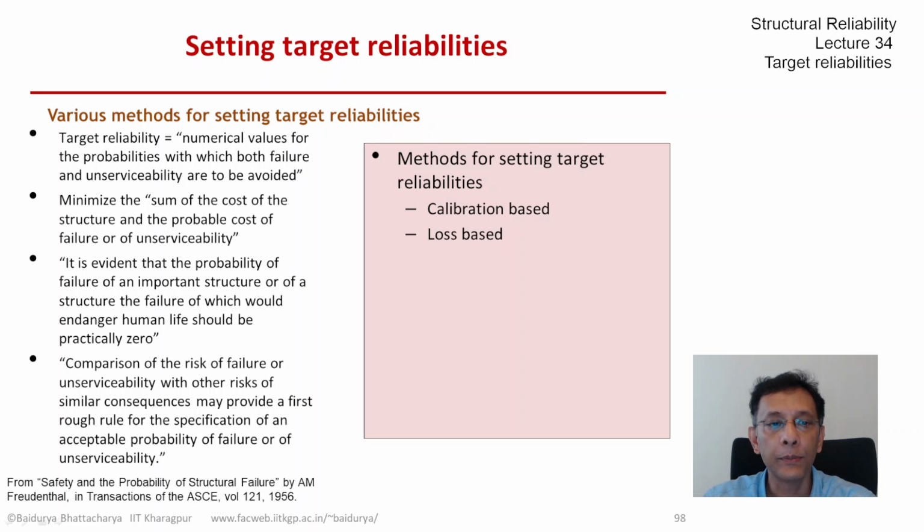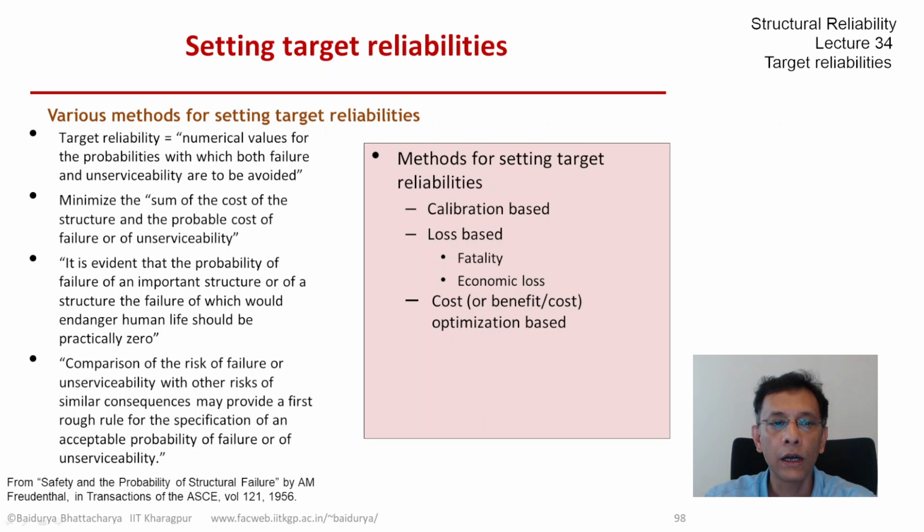And there are other methods which are loss based, and among the losses that are considered would be purely fatality losses, that is loss of life, or there could be consideration of economic losses instead. And then there are other methods which involve an optimization of total cost or benefit cost ratio and such.